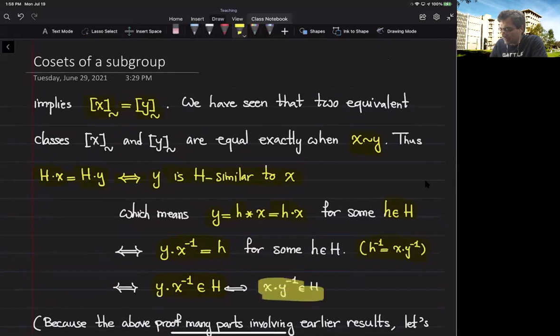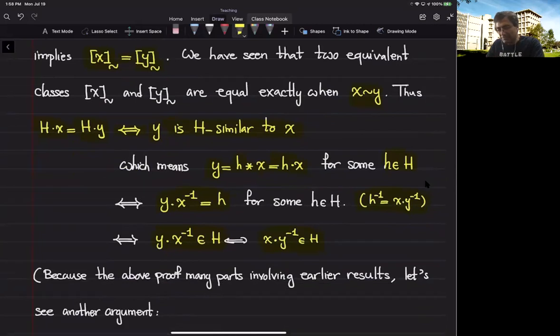In either case, we get the desired result that these two cosets are equal precisely when one of them times the inverse of the other one is inside h. One of the representatives times the inverse of the other one is inside h.